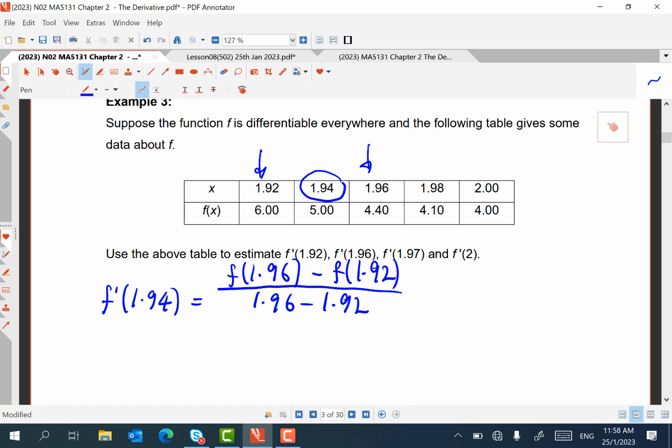Okay, and then you get the answer. So this is given to you as a guide how you ought to guesstimate the gradient of a point such as 1.94.